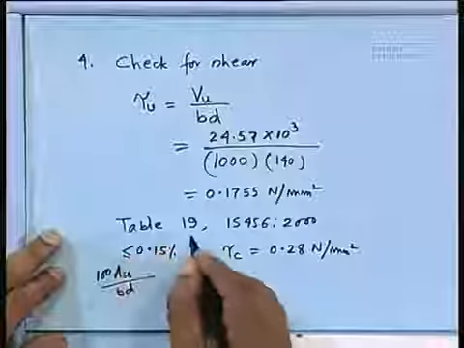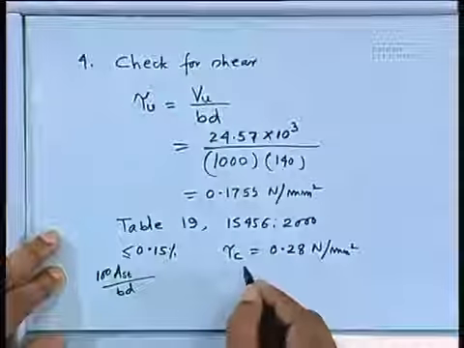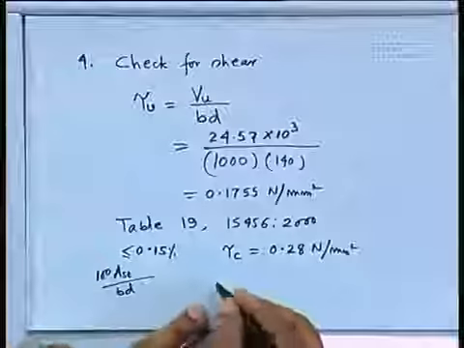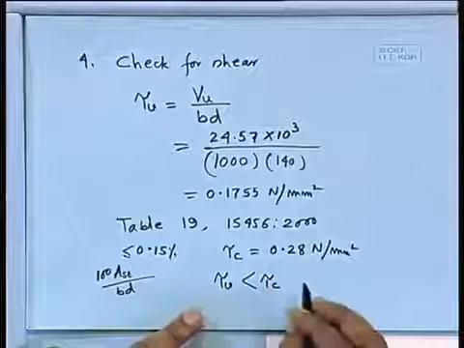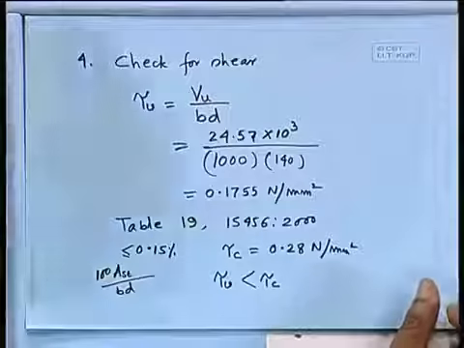This one we get from table 19 of IS 456, where tau c is 0.28. So, tau v is less than tau c, so we do not need any shear reinforcement, that means we do not need any stirrup. That is why we do not provide any stirrup, but for other purposes we may need it.